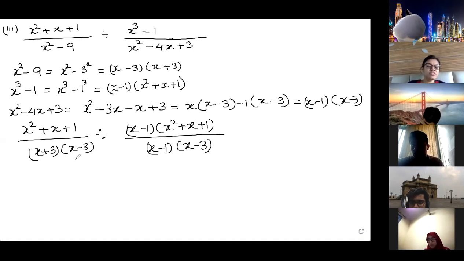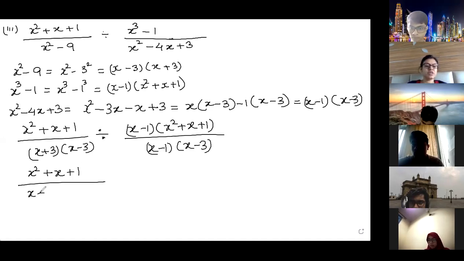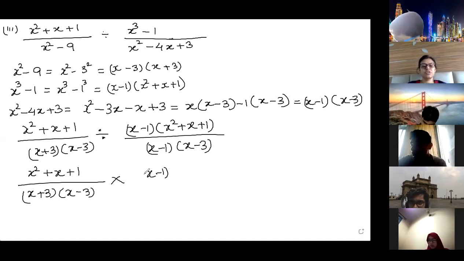Now, divided sign, so I have to do the reciprocal of the second term. So I'll do the reciprocal and put a multiplication sign over here: x minus 3, multiply, do reciprocal, numerator becomes denominator, denominator becomes numerator.